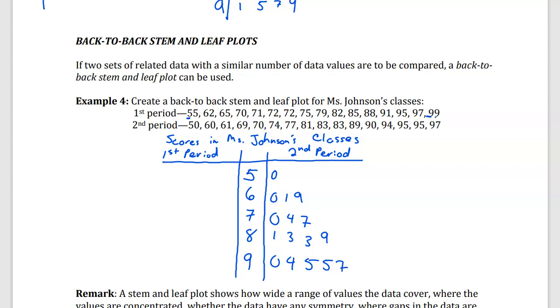The difference is on this left side. Here's your stem. You always want to start with the smallest number closest to the stem. So on the 5, we're going to have a 5. On the 6, you're going to start with the 2 and then put the 5 on the left side of that 2.